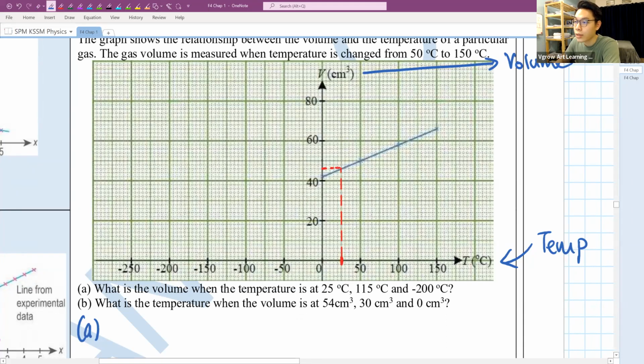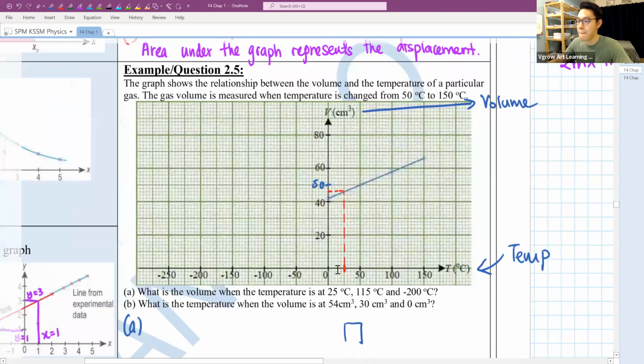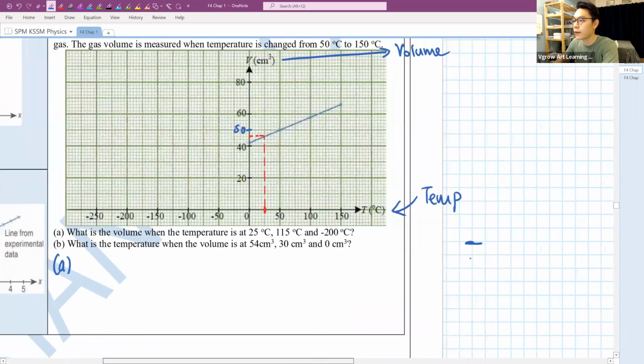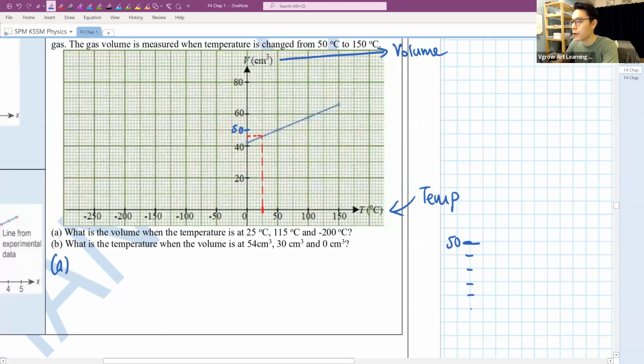Okay, so every 5 boxes is 10, right? Every 5 boxes is 10 because here is already 50 in the middle. So if you have, let's say, here is 50, 1, 2, 3, 4, 5, here is 40. And then the place that we want, you dot, dot, dot until here.